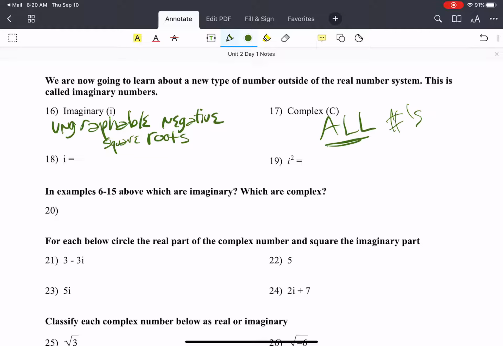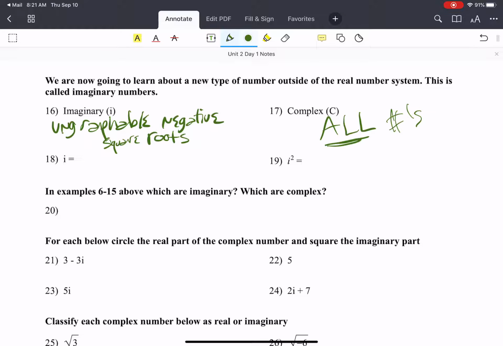So let's talk about what I mean by ungraphable square roots, my friends. When you told me what a square root was, you said it's the same number times itself to get that number, right? Well, the problem is if I have a negative under a square root, let's say negative 100, and I need it to be the same exact number twice: 10 times 10 is positive 100.